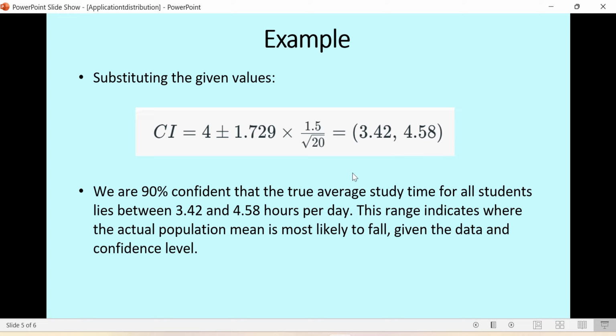So what does this tell us? If we want to test whether the population mean equals 4 hours or not, this interval covers 4. Or if we want to test 4.5, for example, this interval covers 4.5, so we have 90% confidence to say that the population mean is not significantly different from 4.5.